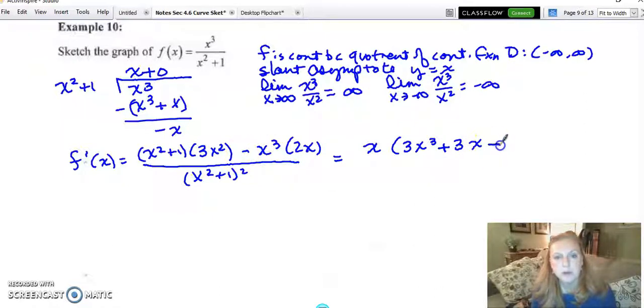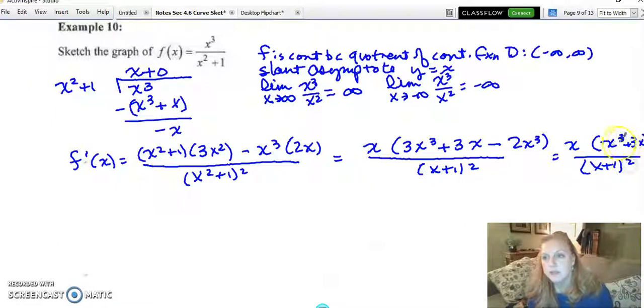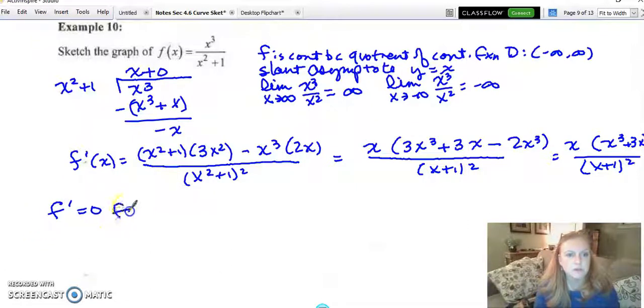And then minus, over here, I took the x out, 2x cubed over x squared plus 1 squared, which is going to give me x and x cubed plus 3x over x squared plus 1 squared. And that does factor, but I'll go ahead and factor it when I say f prime equals 0.